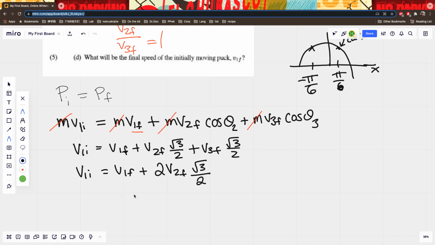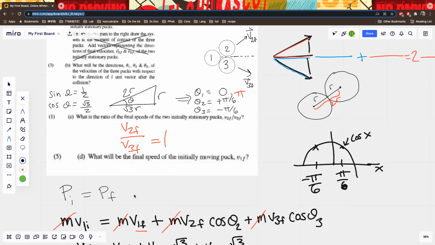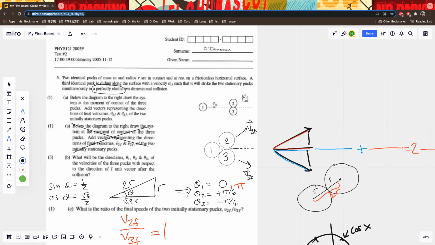So maybe just find another equation for V2. Yes, very good idea. The only problem is how to get that. Now remember what I circled here.